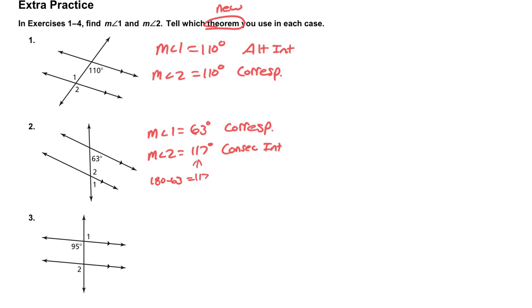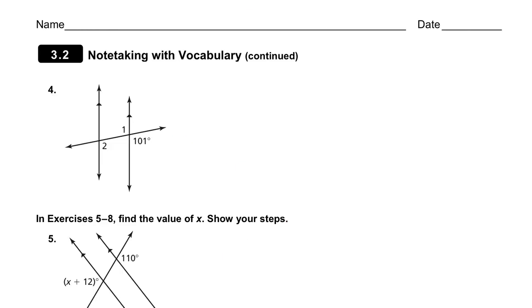And then number 3, I'm not going to say vertical angles for the measure of angle 1. So I'm going to skip and talk about the measure of angle 2 equals 95 degrees because these are corresponding. And then if I know this is 95 degrees, I know 1 is 95 degrees, not because of the vertical angle theorem, but I'm going to say the measure of angle 1 equals 95 degrees because of alternate exterior angles. Now, number 4, same thing.